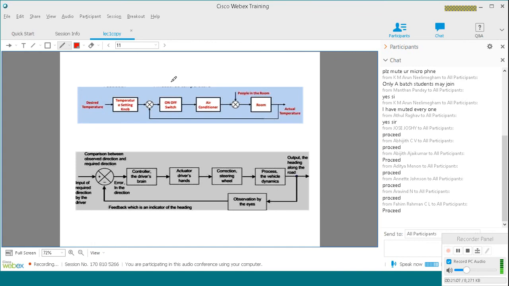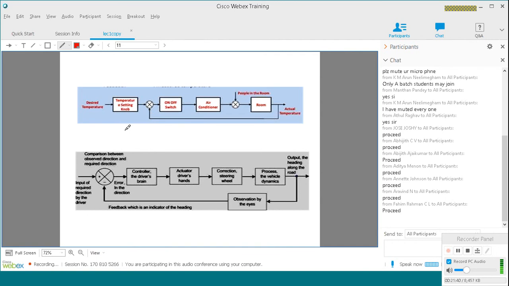So this is the typical block diagram for a temperature control system. Actual temperature is compared with the desired temperature, and if the temperature is more than the desired temperature, then the air conditioner will be switched on. That is, the controller gives the command to the air conditioner. It will switch off when the temperature is below the desired temperature.